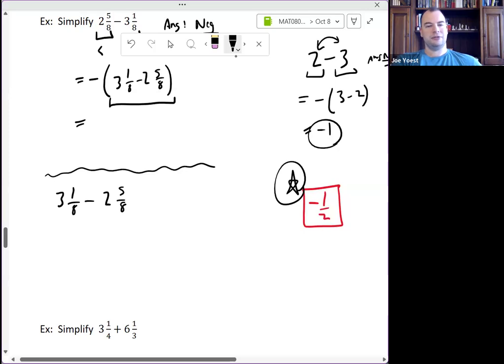Well, now if I try to do my fractions, 1/8 minus 5/8, I don't have enough. I don't have enough eighths to satisfy the minus 5/8 that I want to take away. So I'll choose to rewrite 3 1/8 as 2 9/8, taking one of the wholes and breaking it into 8/8, combining that together with the 1/8 we already had, making 9/8 and 2 wholes instead of 3 wholes and 1/8.